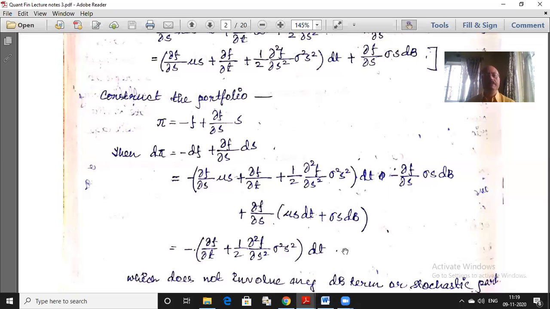So d pi has no stochastic component. And if for any portfolio there is no uncertainty involved, so no stochastic component means there is no uncertainty involved in the return for this portfolio. So d pi, the change in pi, is deterministic.